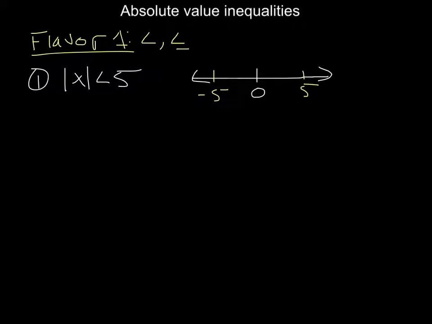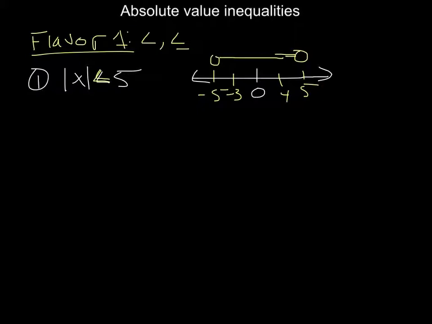And everything that is in between 5 and negative 5, well, let's take a number, negative 3. That's within 5 of 0. 4. That's within 5 of 0. And remember, this problem is saying I want to be less than 5 away from 0. And anything in this range right here is less than 5 away from 0.